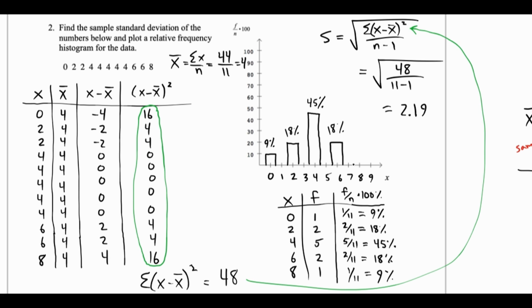And finally, 8 will have a height of 9%. There we go. Now we have a nice visual picture of our data. We can see how spread out it is. And according to the mathematics, most of the data lies within 2.19 units of the mean. Because of the symmetry of this data, the mean is 4, so that's right here.